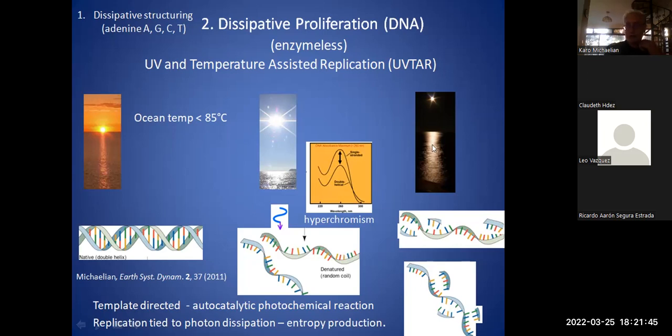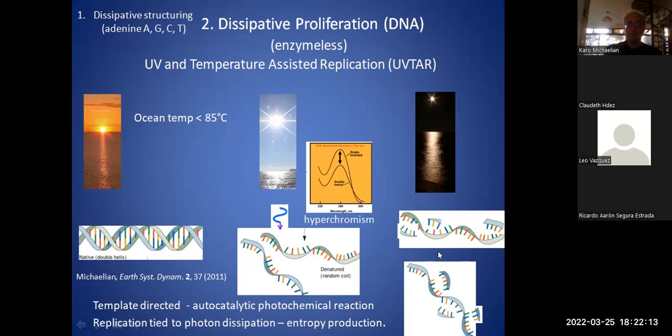And then at night, when the ocean surface cooled, we could have these strands finding their complementary base pair, for example, adenine corresponds to thymine, guanine to cytosine for DNA. And then we could form the complementary strand of the single strand, and then have two double strands, where at the beginning we only had one.